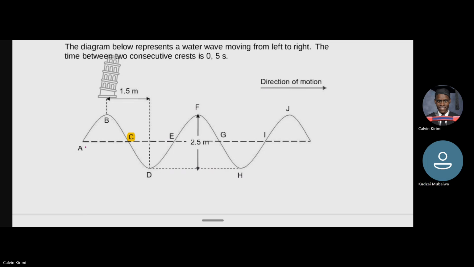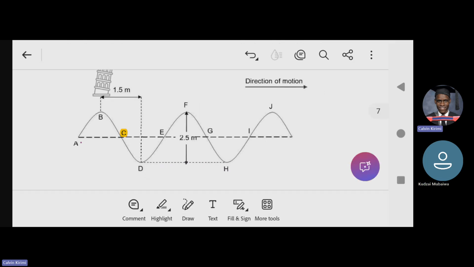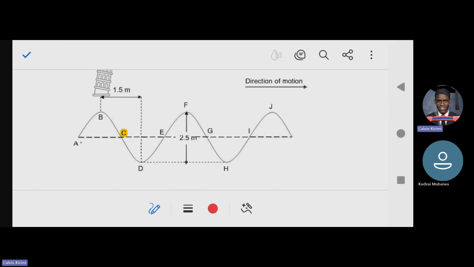Yes, sir. So 2 complete waves in 1 second means 2 hertz. That's what it means. In 1 second, because they said from B coming back here, it's 0.5 seconds.